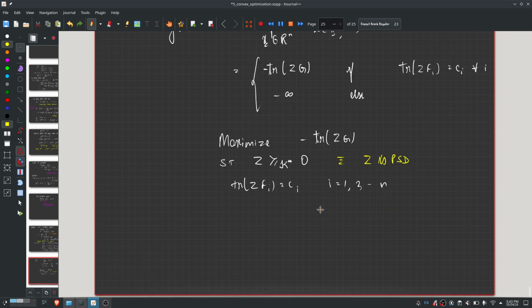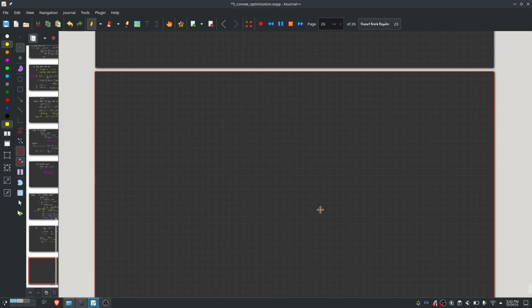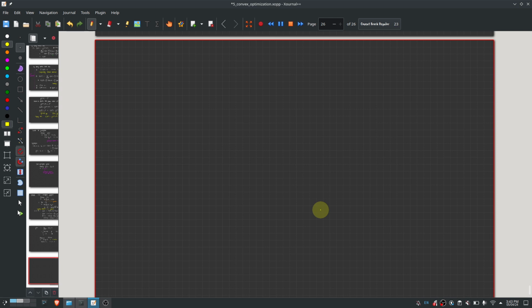Another very similar or slightly generalized version is a conic program, wherein you again want to optimize a linear function subject to conic constraints.